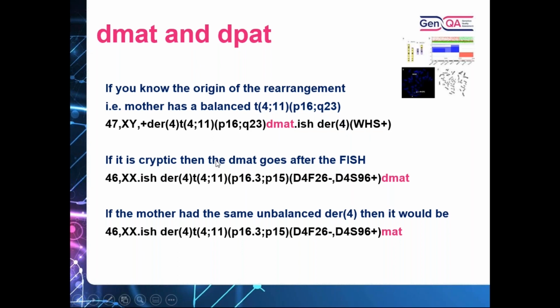If it's cryptic, then the dmat goes after the FISH because that's how you identify it. If the mother also had the same unbalanced der(4), then it wouldn't be dmat, it would be mat because they've inherited the same rearrangement.